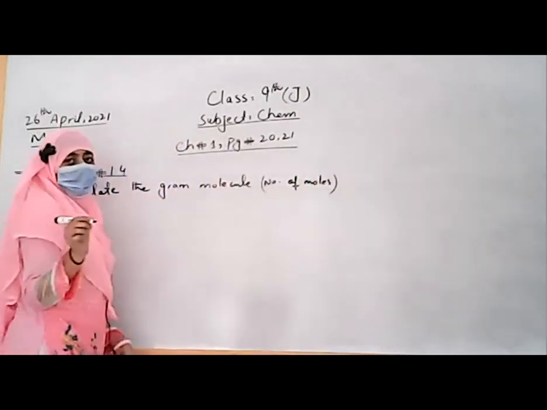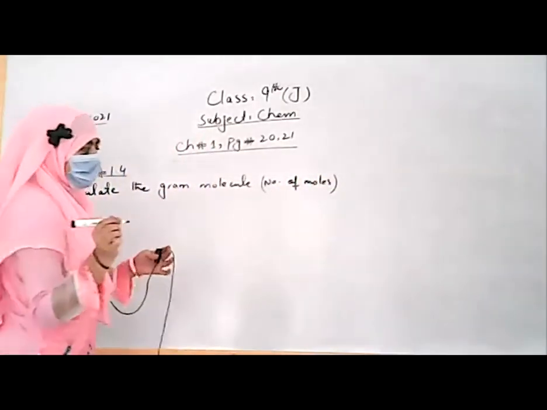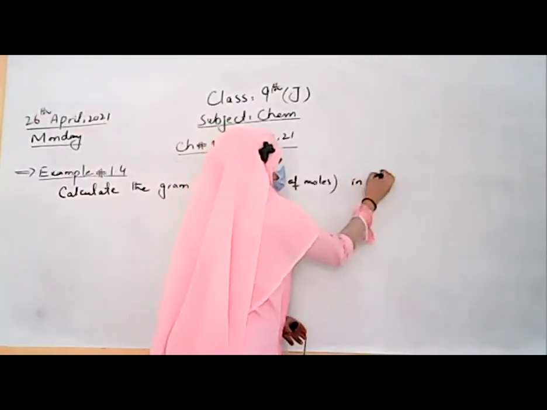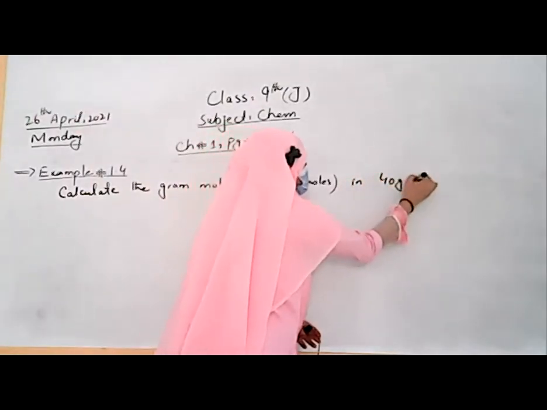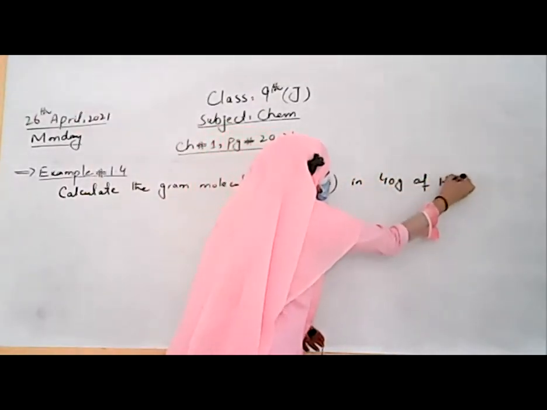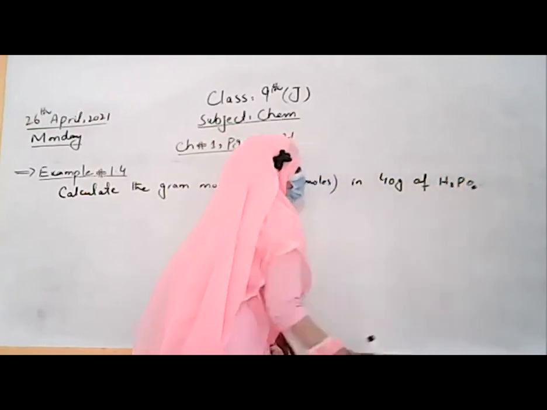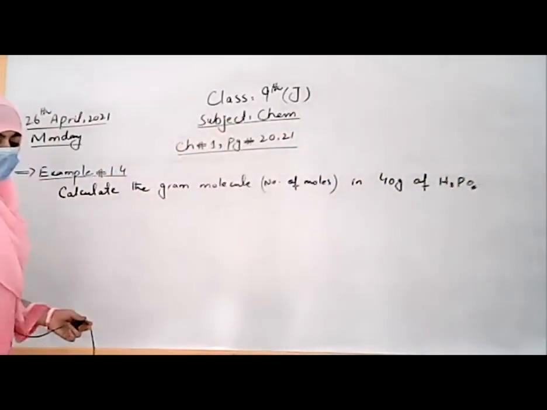Means we have to calculate the number of moles in 40 gram of H3PO4. H3PO4 is phosphoric acid.